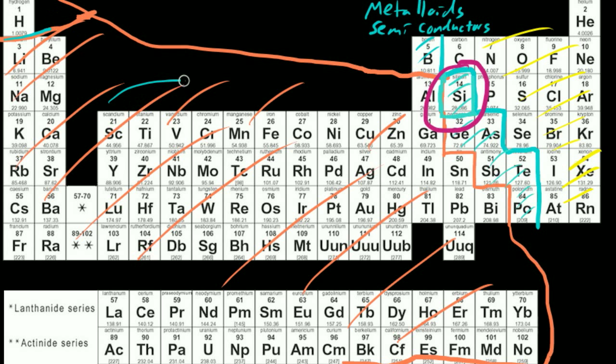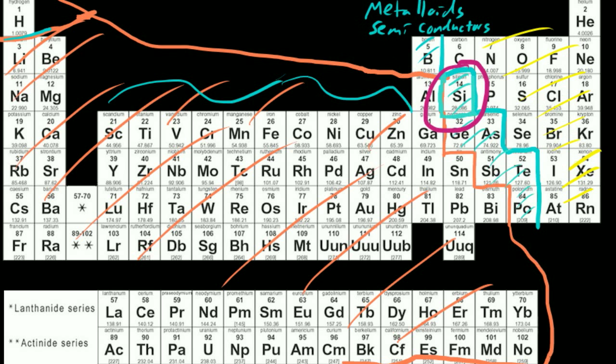We'll talk about these. These are generally going to be called the transition metals over here, and we'll talk about that in the future. The important thing to get is just that these are all metals. These in blue are metalloids, and these that I've shaded in yellow over here are all non-metals. So that's essentially what I wanted to get across in this video.